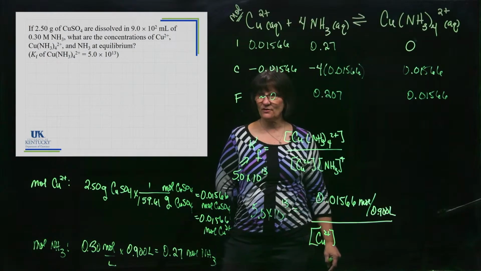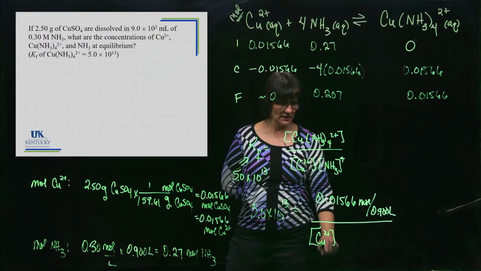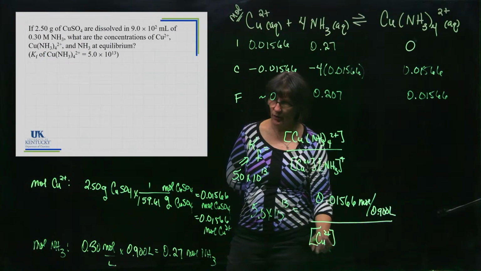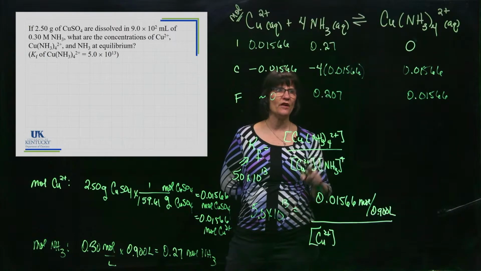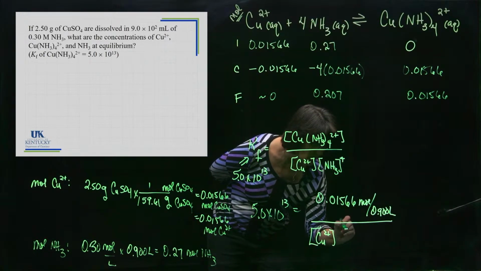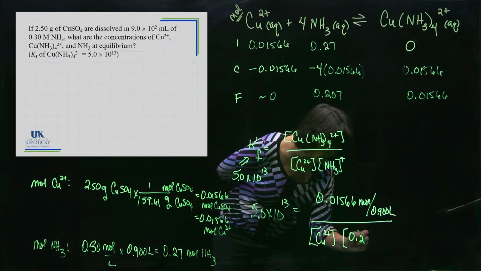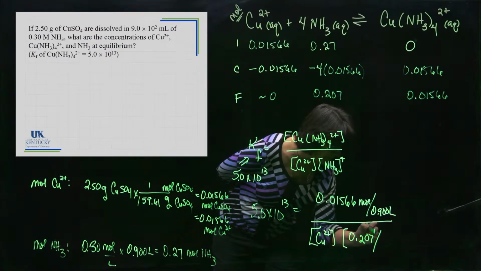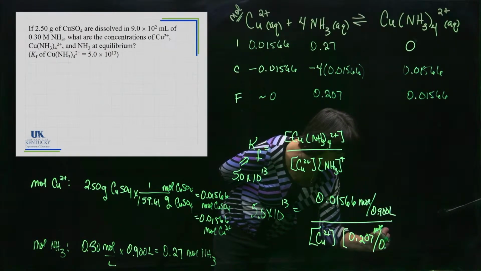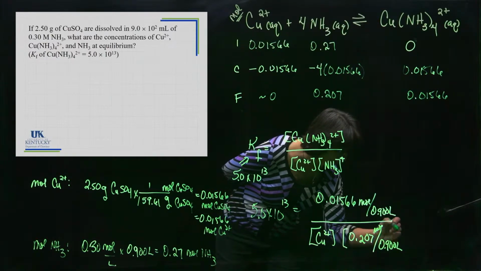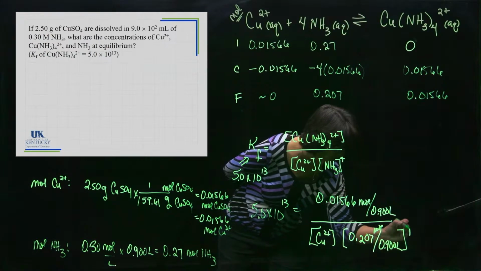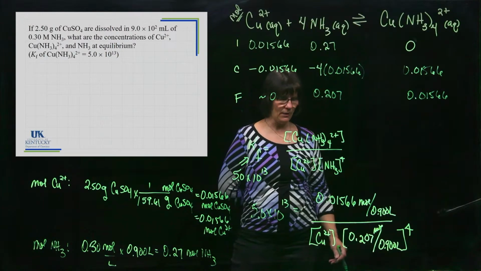I know these guys' concentration. Let's get the concentration of the copper. I don't know it yet. Concentration of the ammonia is its moles, which was 0.207, divided by its liters. They're both in the same container. They're both 0.9 liters. And that's raised to the 4th power.